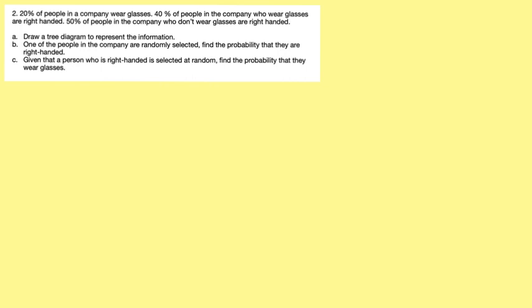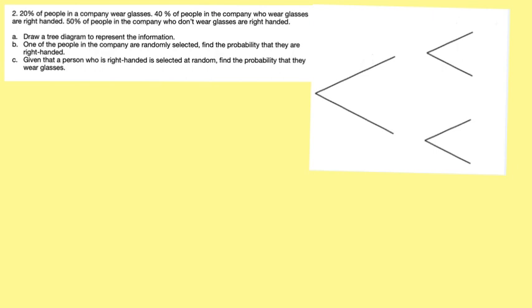The first thing we've got to do is draw our tree diagram. So here's our tree diagram with two events. So let's fill in the relevant information. The first piece of information is that they either wear glasses or don't wear glasses. And the probability that they wear glasses is 0.2 or 20%, so not wearing glasses is 0.8. And the second thing is either they are right-handed or not right-handed.